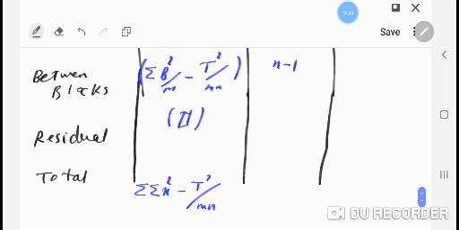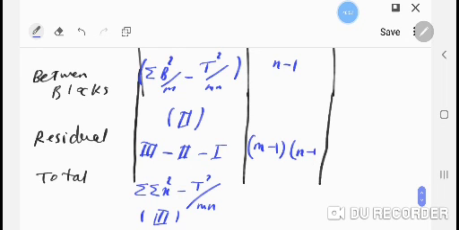For residual, you can subtract it: 3 minus 2 minus 1, with m minus 1 multiplied by n minus 1 degrees of freedom, and degree of freedom of total is mn minus 1. Total of experiment minus 1 is degree of freedom of total.